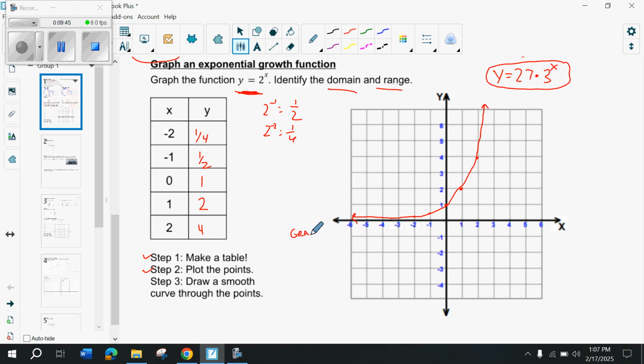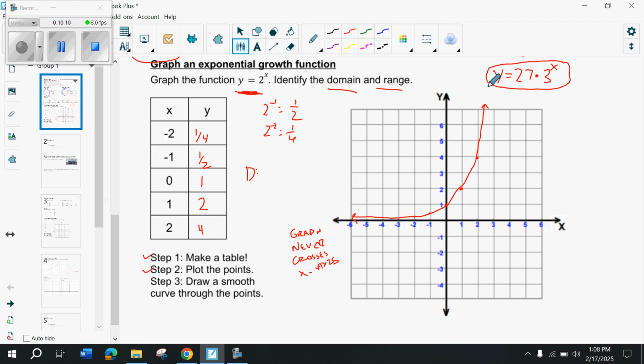The graph never crosses the x-axis. But here it's going to go up, up, up, on forever and ever. So that means my domain, remember, can be any x value, because it goes on forever.